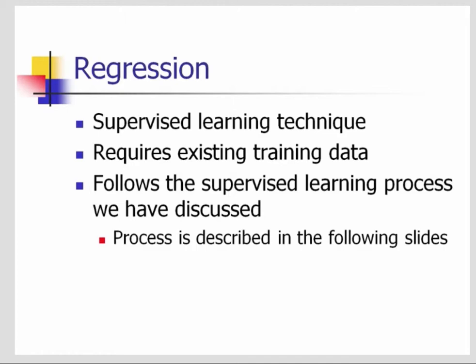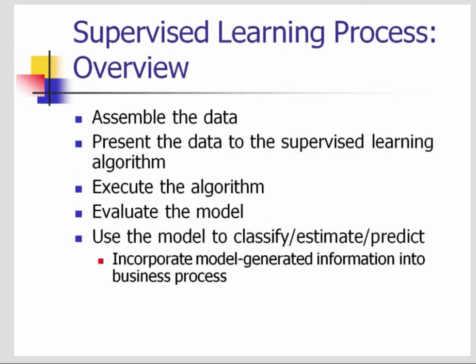The process is described in the following slides. That is to say, we have to assemble the data. We have to present the data to the supervised learning algorithm, that is the linear regression algorithm. We have to execute the algorithm, create the model, that is create the regression formula. And then we need to evaluate the model.